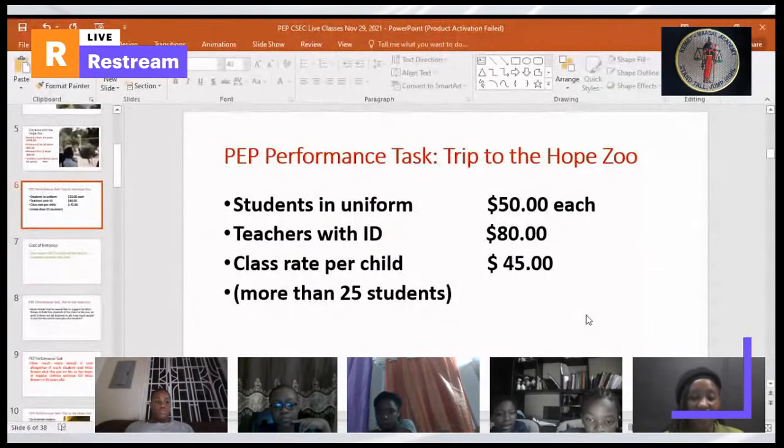Teachers who have their ID to show that they're teachers pay $80. The class rate per child, so if there are more than 25 students coming in their uniforms, they pay $45 each.